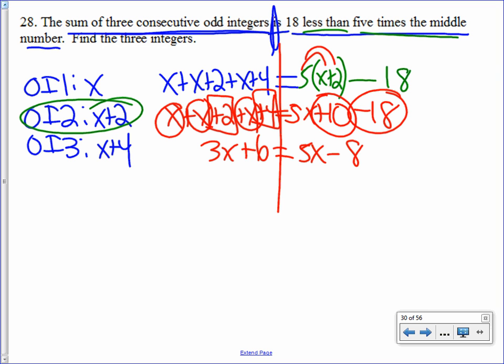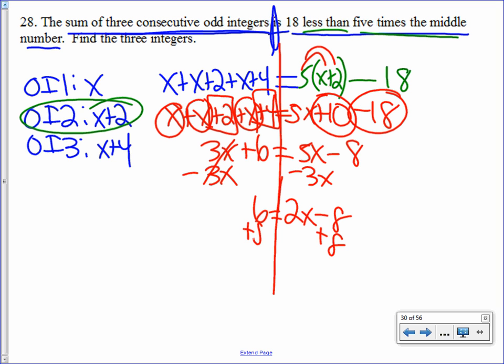Bring the x to one side. Isolate and subtract first, divide last. X is 7.